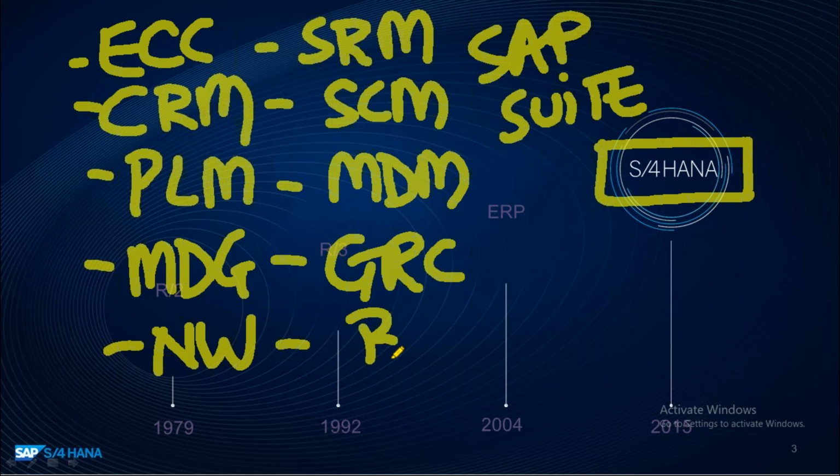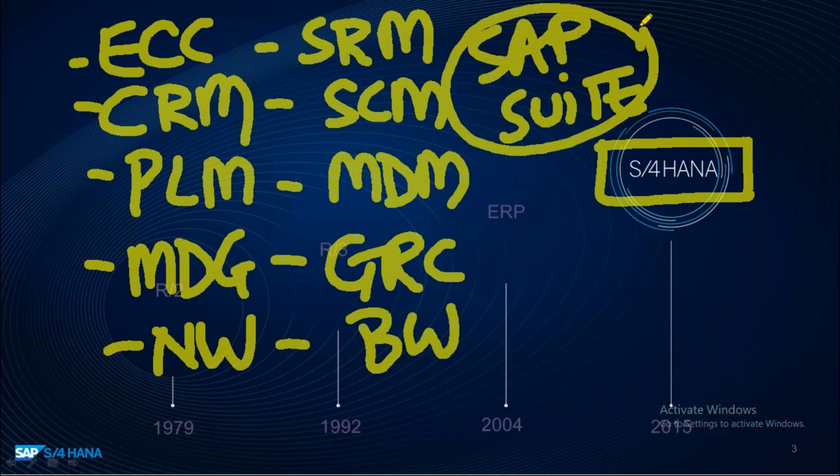And likewise the BW applications. So these are all the SAP Business Suite on the fourth generation SAP.